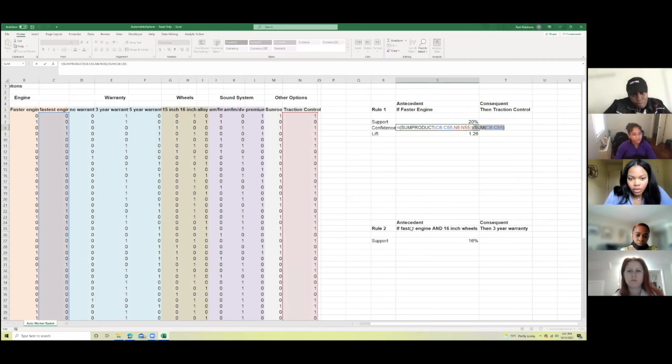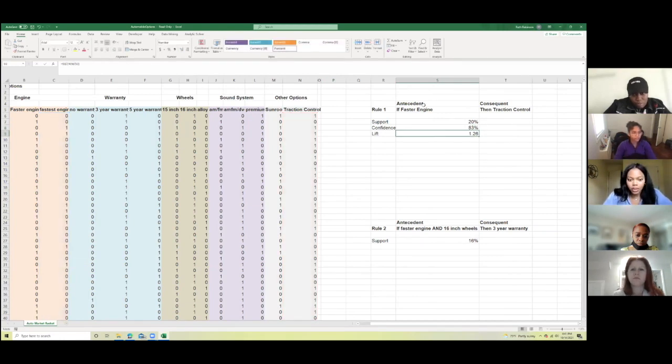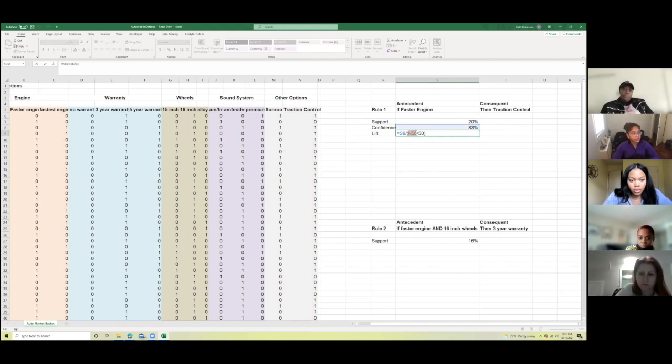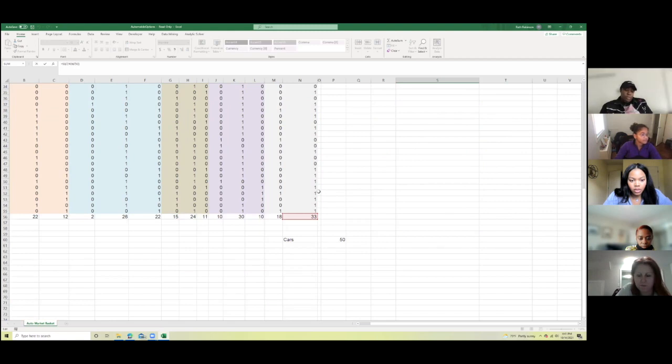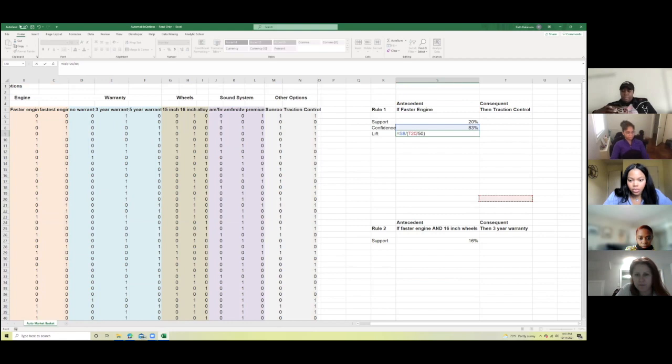So that would be faster engine and 16-inch wheels. Okay, got it. Yep, and then lift, same concept, confidence on top, and then you'll have just the Y value. Okay, thank you.